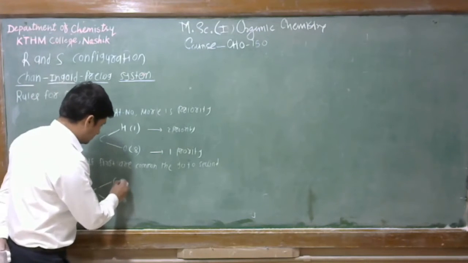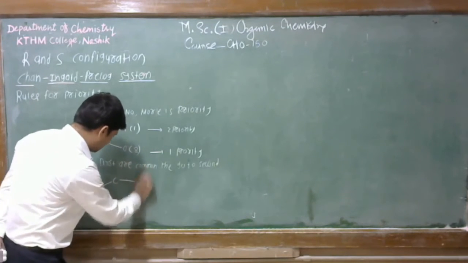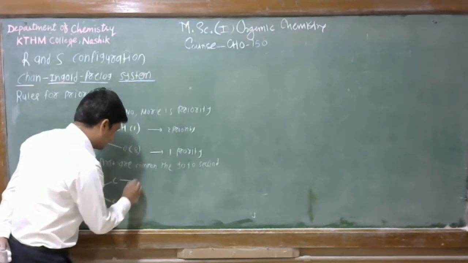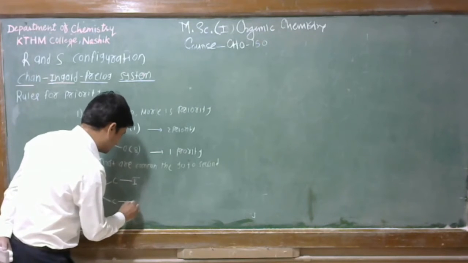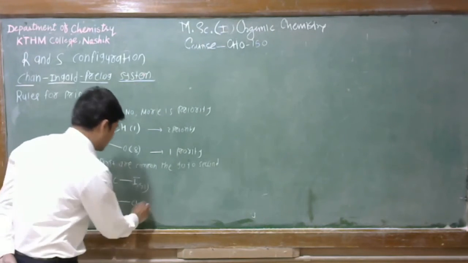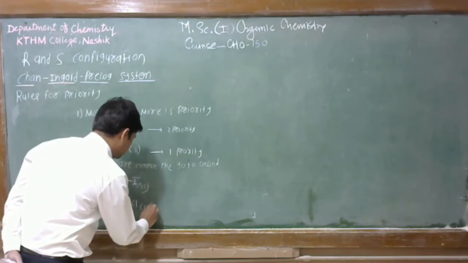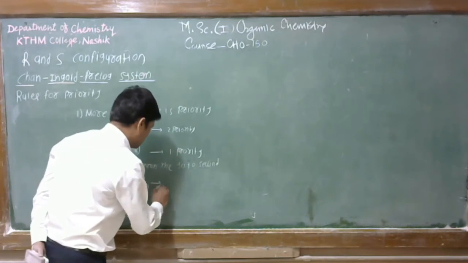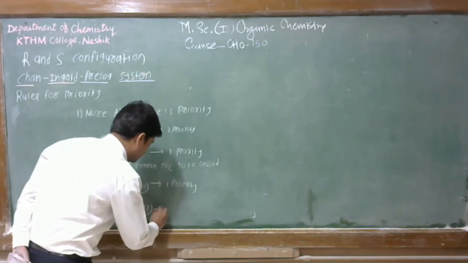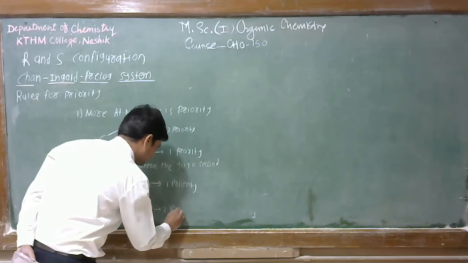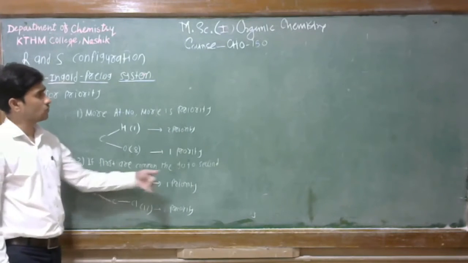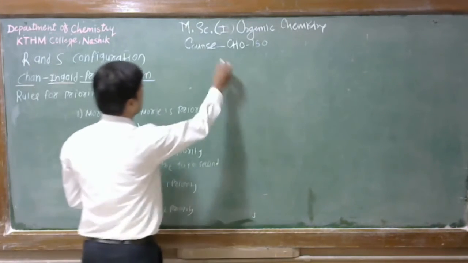Then we consider the next atom, that is the second element. So this is iodine here and this is chlorine here. We know that iodine has atomic number 53 and chlorine has atomic number 17. Therefore, iodine has first priority here and chlorine has second priority. If the second atom is the same, then go to the next atom.